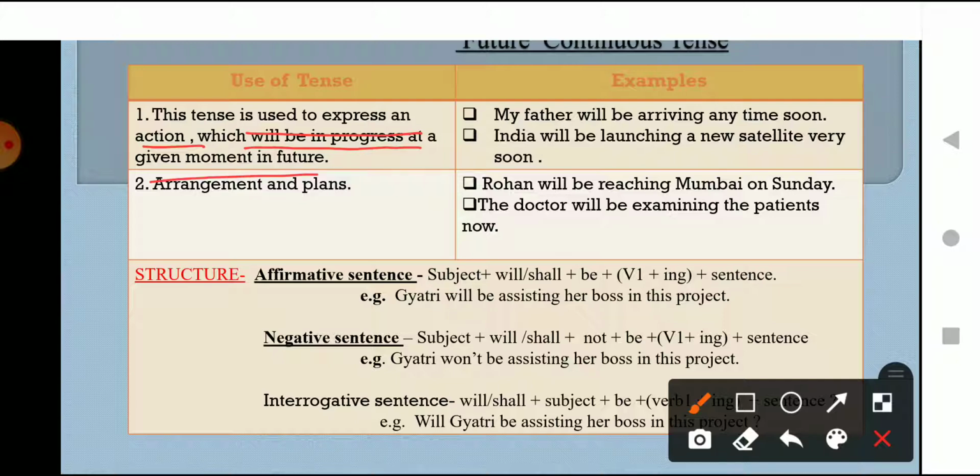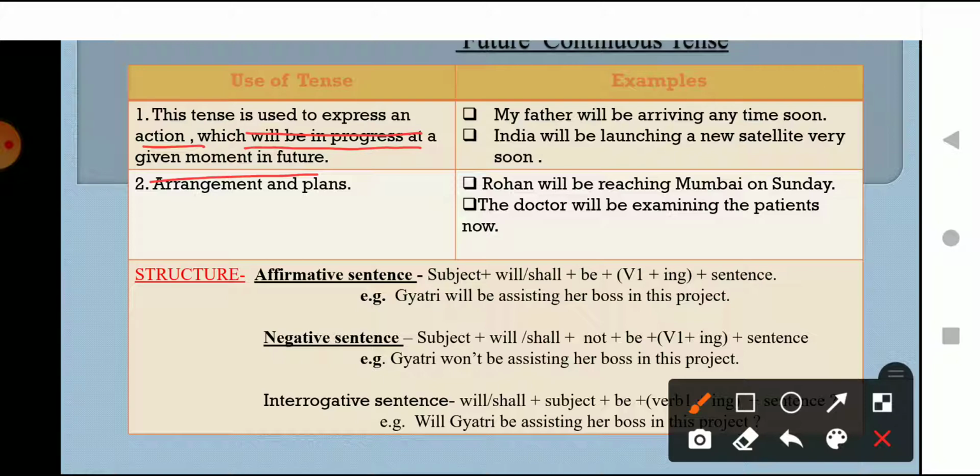It means those actions which are going to happen in future and will be a continuous action.